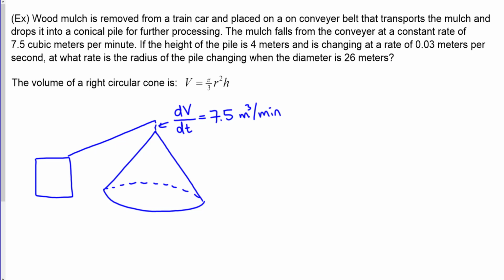All right, so if the height of the pile is 4 meters, okay, so the height's going to be measured from the base to the center of the pile. So this height is 4 meters and is changing at a rate of 0.03 meters per second. Okay, so the changing rate is now a derivative of height. So we can say dh/dt, so the change in the height over time, is 0.03 meters per second.